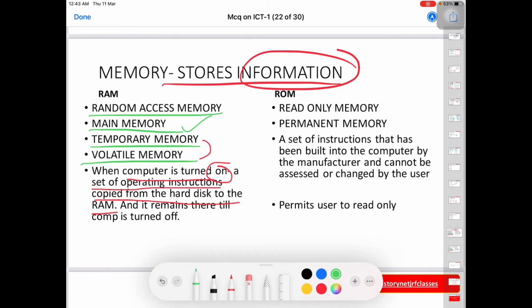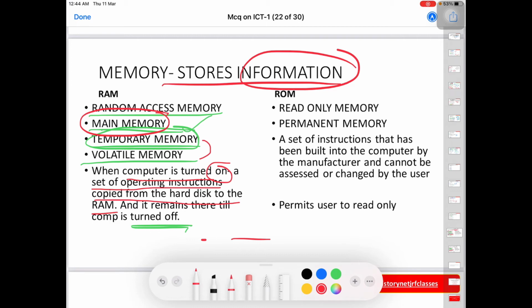So the moment the computer is turned off, the data that was stored on RAM gets deleted. That is why it is known as temporary memory, and it is counted as main memory because from the moment the computer has started till it is switched off, whatever data has been copied from the hard disk to the RAM, it is there.